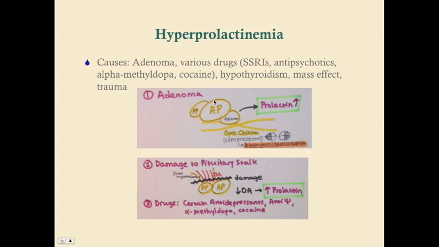So the adenoma, basically, what causes the adenoma to release prolactin is just the adenoma itself. So that's pretty simple. You just have a tumor secreting prolactin, and that's why you have hyperprolactinemia.